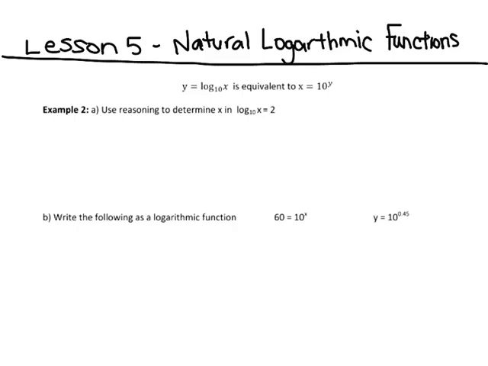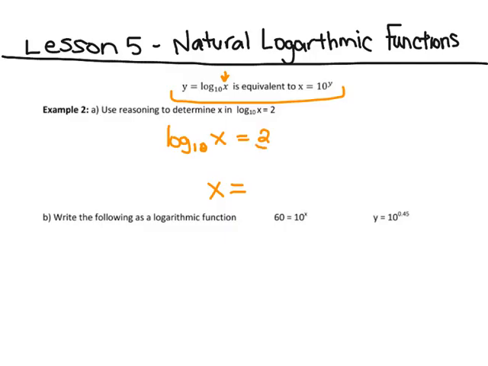Okay, working with logarithms, we can use this to help us solve for different variables using logarithms or exponents. So use reasoning to determine x in log base 10 of x equals 2. So in this one, our x is x, so we'll leave it as x.